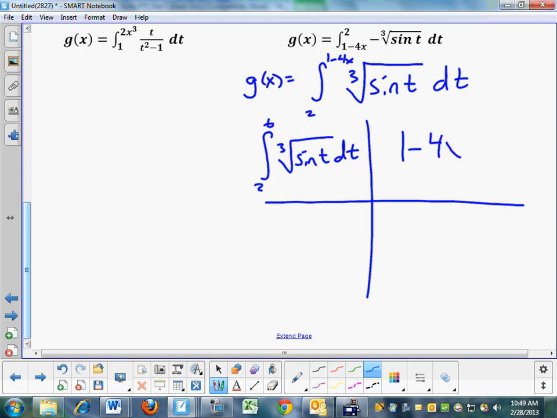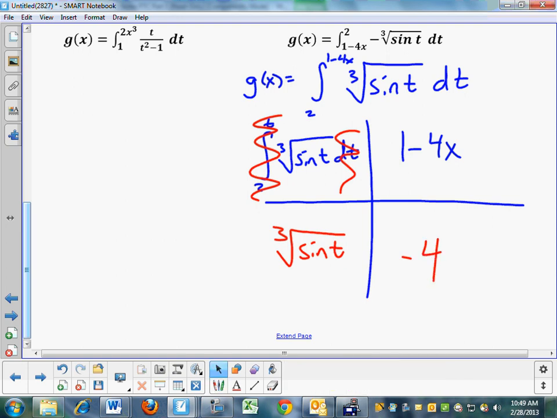Here we put 1 minus 4x. Now we take the derivatives. When I take the derivative of this, what goes away? All the area stuff that we talked about. And what you're left with is just simply the cubed root of sine of t. What's the derivative of 1 minus 4x?